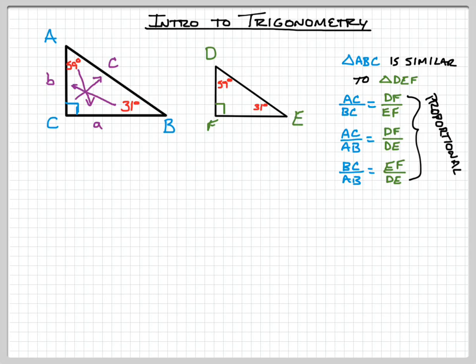And if we take this definition, which you may have heard before, A and B we call the legs of the right triangle. This is for right triangles now. So the sides that are attached to the right angle are the legs. The side opposite the right angle is called the hypotenuse.